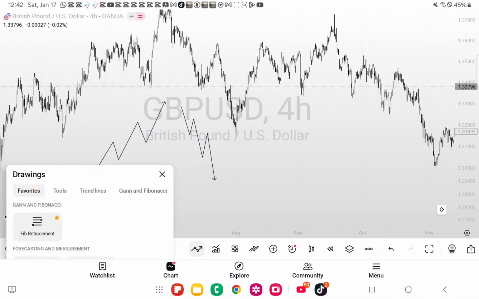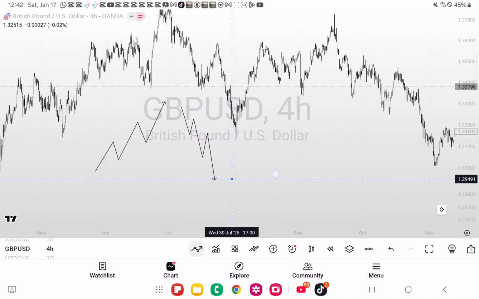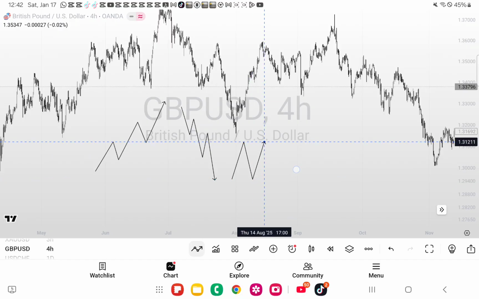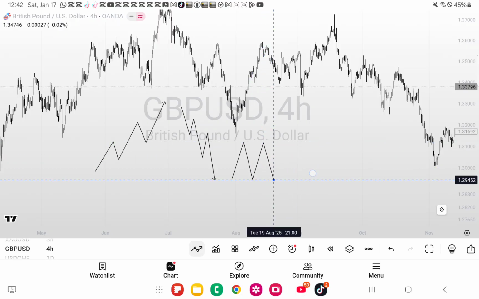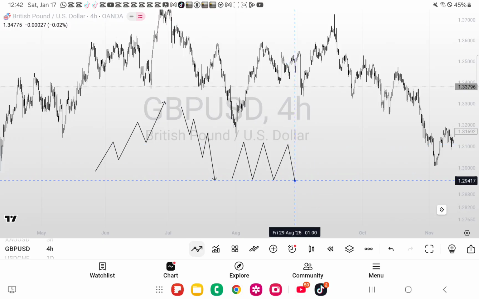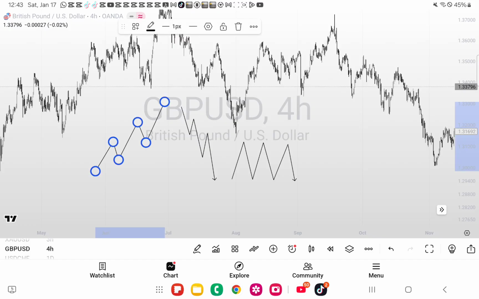And we have a ranging market. This is a ranging market. So we have a bullish market, a bearish market, and a ranging market.